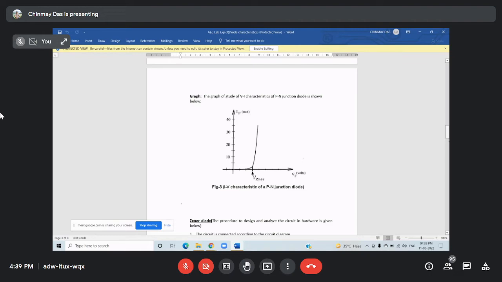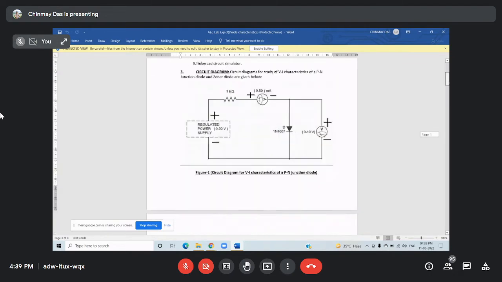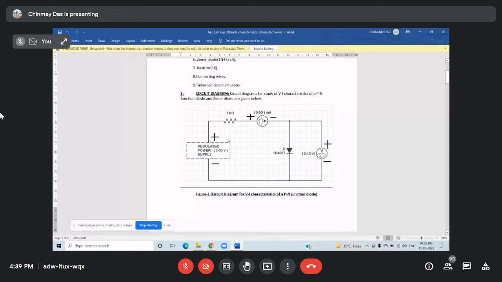So this is your circuit diagram. This is the symbol of your PN junction diode. I have told in the first experiment, this side terminal is your cathode, this side is your anode. In a practical diode, a white or silver color band will be there on the cathode side.